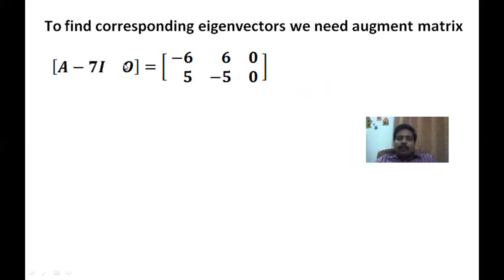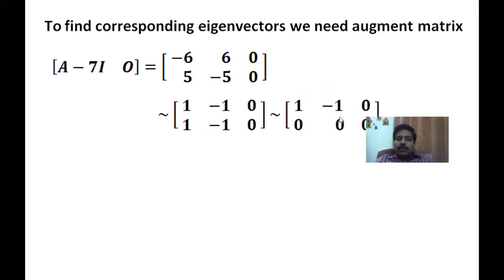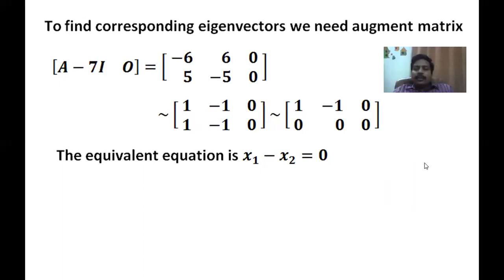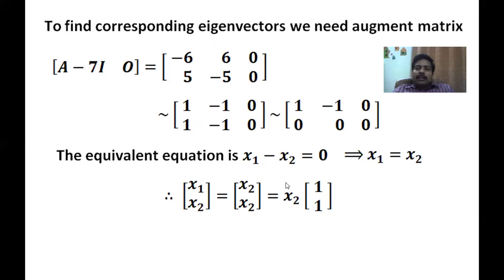Once it is confirmed that it is an eigenvalue, we form an augmented matrix [A minus 7I | 0], which is further converted into reduced echelon form. That gives the equivalent equation x1 is equal to x2. Using this relation, we can form the vector equation. (x1, x2) is nothing but (x2, x2), which is x2 times (1, 1).